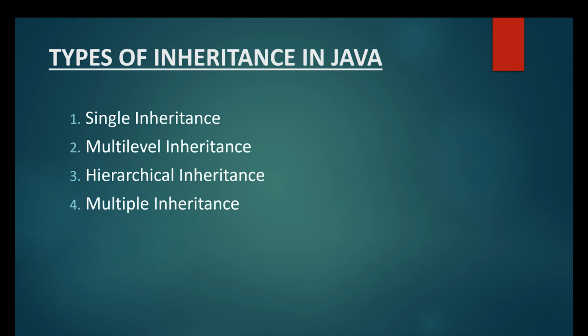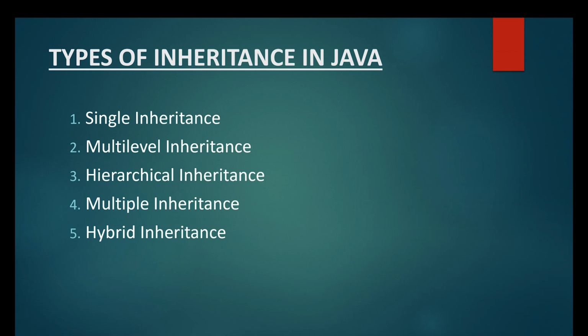Multiple, as the name suggests, means more than one superclass to a particular class will be called multiple inheritance. Let us move to the next type of inheritance, that is hybrid inheritance. Hybrid inheritance is basically a combination of any two of the above. It could be single inheritance plus hierarchical, it could be multi-level plus multiple, it could be hierarchical plus single, it could be single plus multiple.